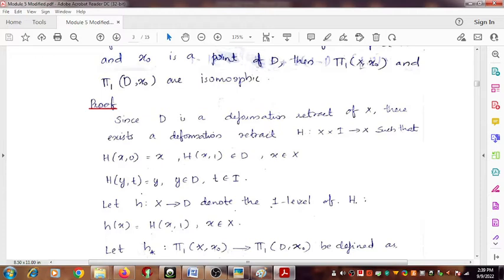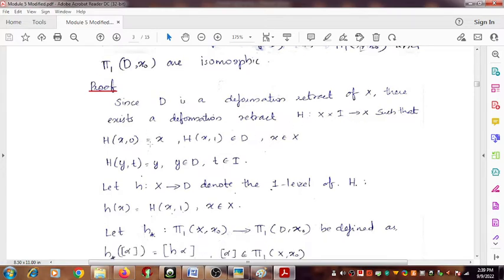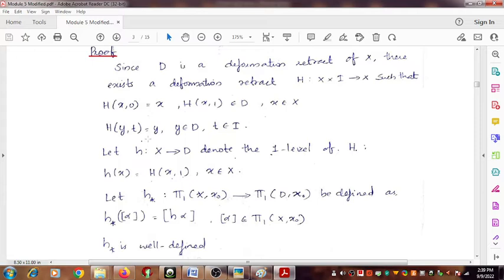The retraction can be taken as H, which is defined from X cross I to X, such that H(x, 0) equals x, H(x, 1) is an element of D for x belonging to X, and H(y, t) equals y for all y belonging to D and t belonging to I.